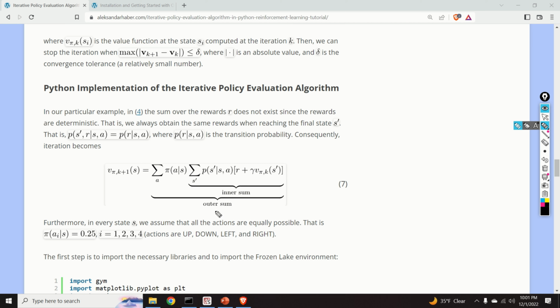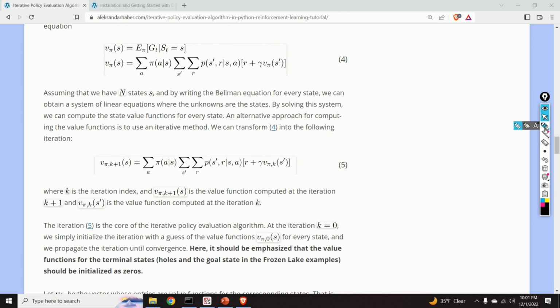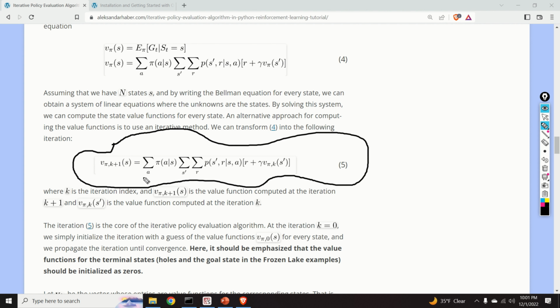Be careful here, I said two sums. However, going back to the original form of our iteration, by analyzing this equation, we can observe that we actually have three sums: the sum over A, the sum over S prime, and the sum over R.